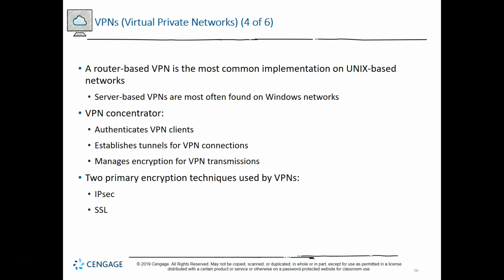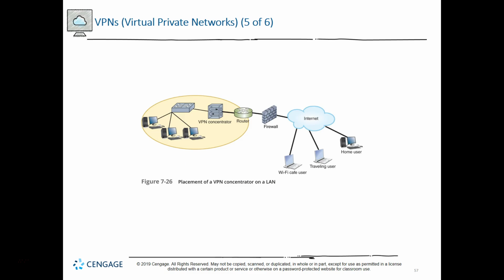So that is one way we can do it. Typically, we throw it on that router. Routers tend to be based on Unix of some sort. So what is a VPN concentrator? A VPN concentrator is designed to handle that traffic from all of those clients. If we have a one-to-one connection, that's not a lot of load.